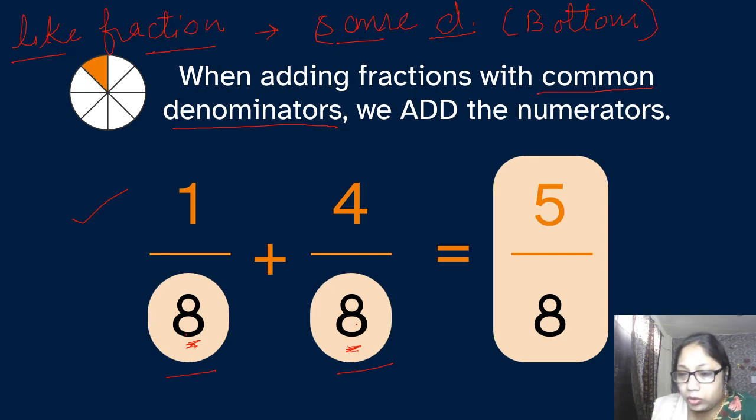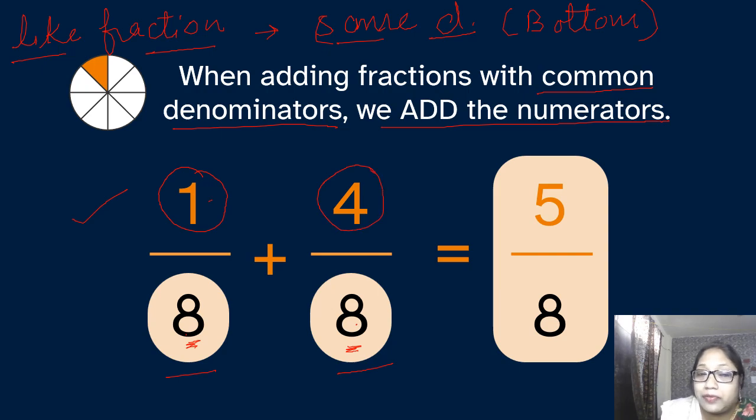No change with the denominator. Now we add the numerators, the top part. This is 1 and 4. So 1 plus 4 will give you 5. So after adding 1 upon 8 and 4 upon 8, our sum is 5 upon 8.